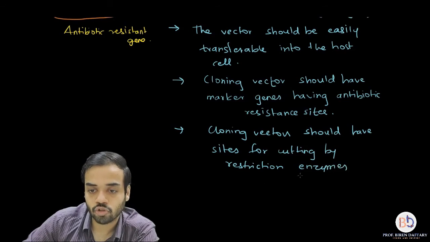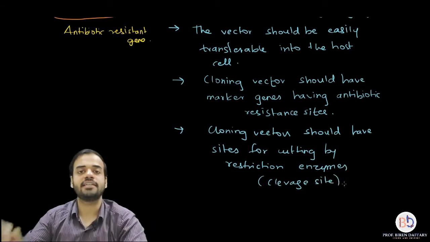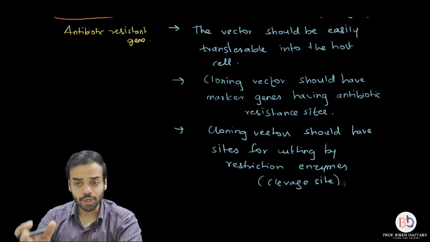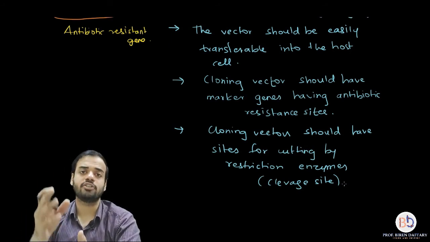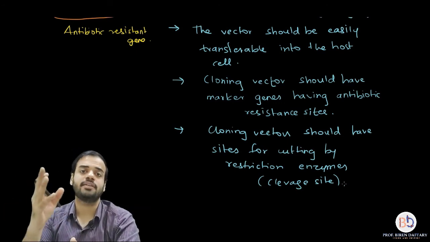These are also called the cleavage sites. I am writing down the word over here. The meaning of cleavage site is a site which can be cut. Now, simple thing. What do you understand by this? That a cloning vector should have cutting sites for restriction enzymes, or cleavage sites.